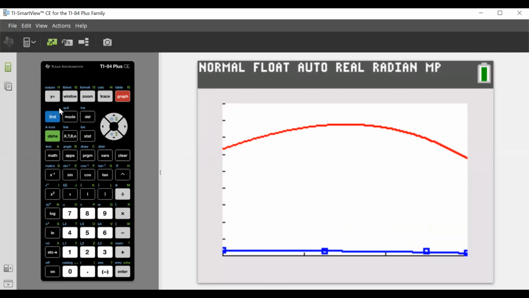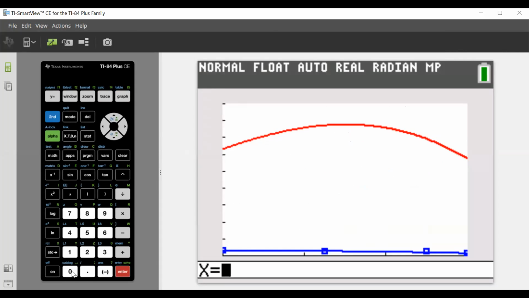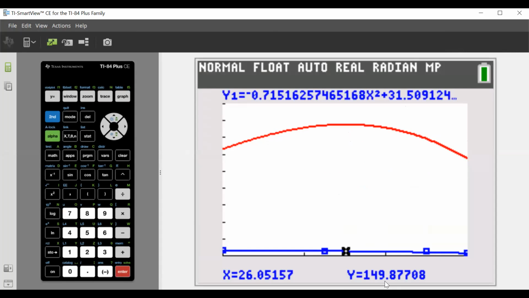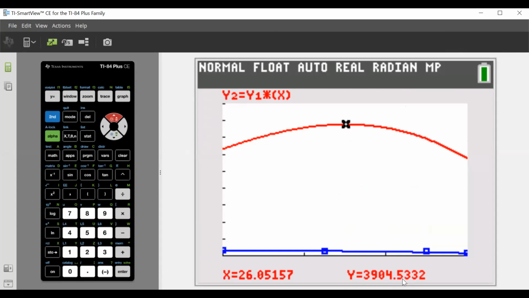So what we need to do then is do our value, and our value was 26.05157. That gives us 149.87. Oh, we went on the red line, not the blue line. 3904.533.